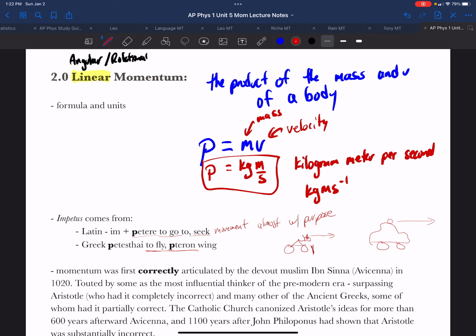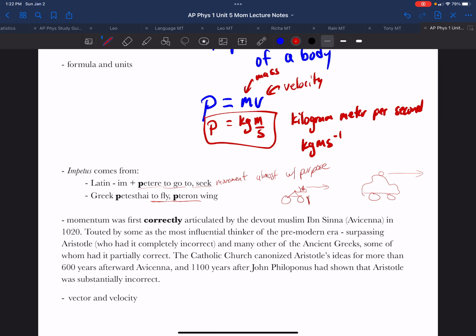Now, there's an interesting history, as I alluded to. Momentum was first correctly articulated by a devout Muslim, Ibn Sina, more commonly known as Avicenna, in about 1020 AD. He was actually considered the most influential thinker of the pre-modern era.